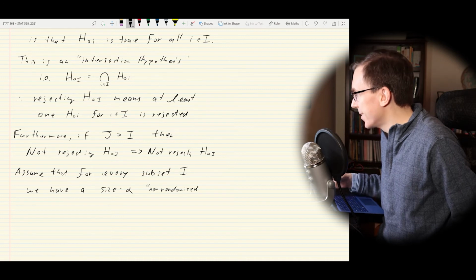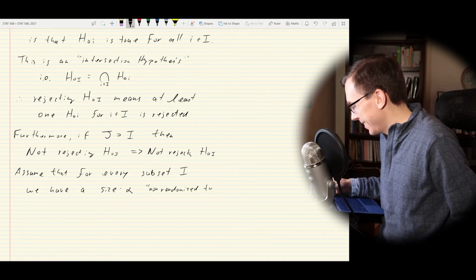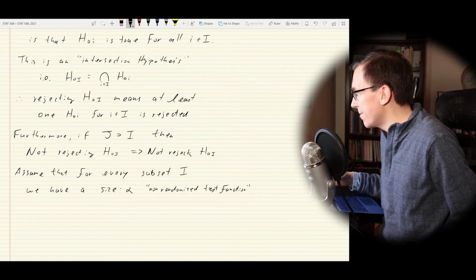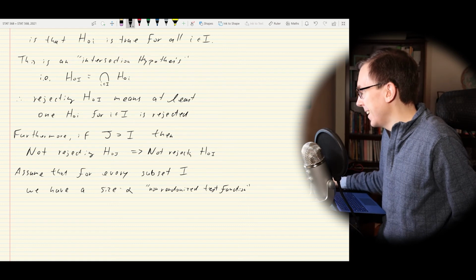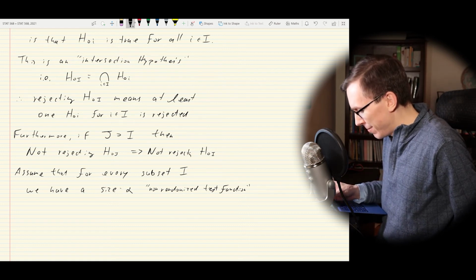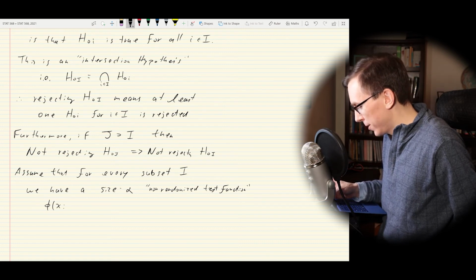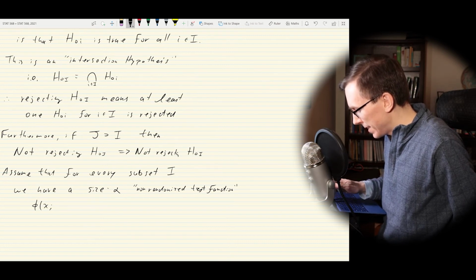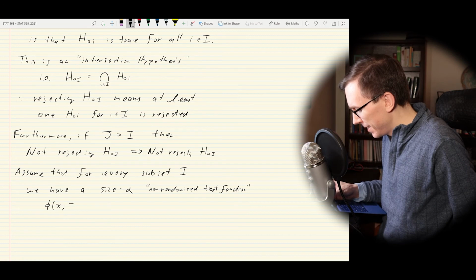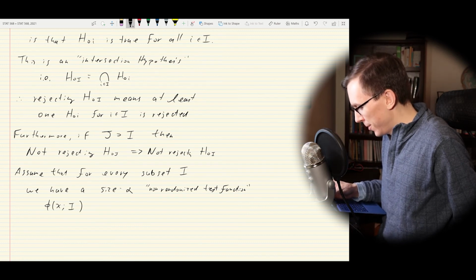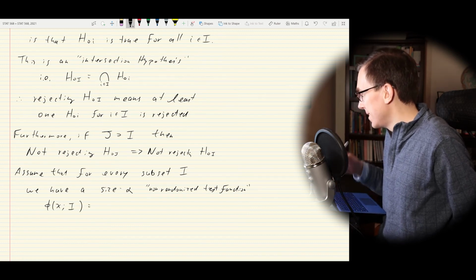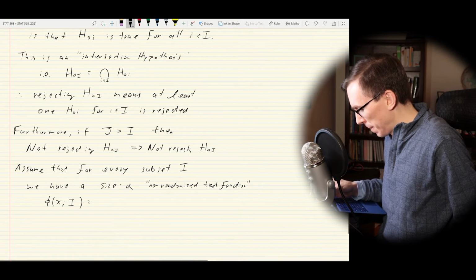There's some good statistics jargon for you. Non-randomized test function, which is the fancy way to say that we have a phi of x semicolon I, which is going to equal 0 or 1.